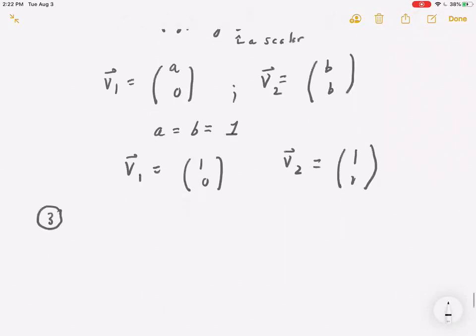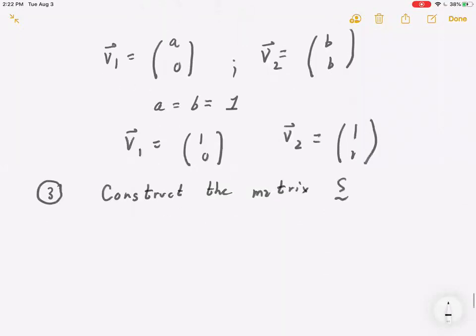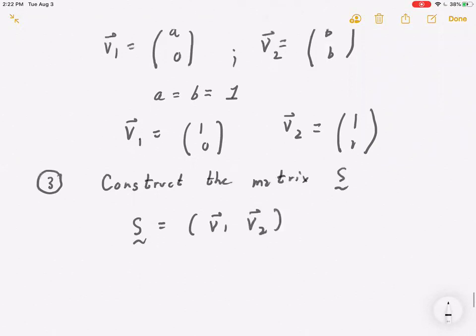Third step, I know the eigenvectors, so now I can build the matrix S. So this matrix S is a matrix whose columns are the eigenvectors, v sub 1 and v sub 2. So S is a 2 by 2 matrix.